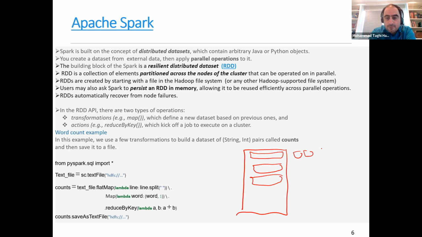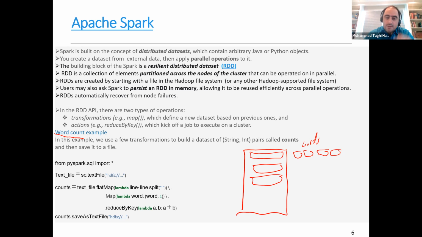So this is a very big text file that you have. Now, one very important operation is that you want to see how many of each word you have in this text file. So this is the word count example.